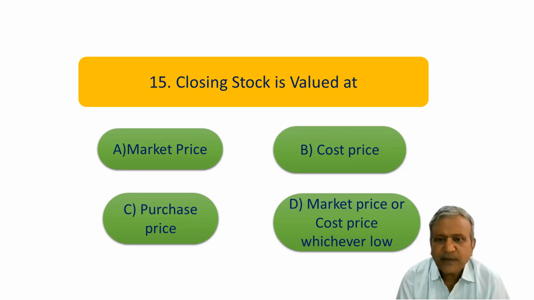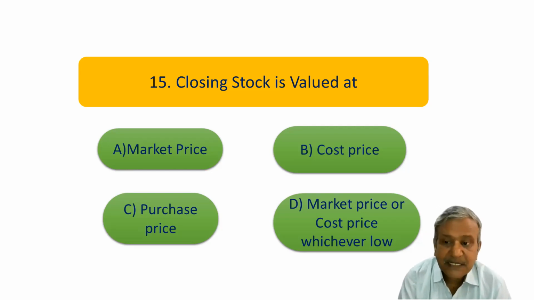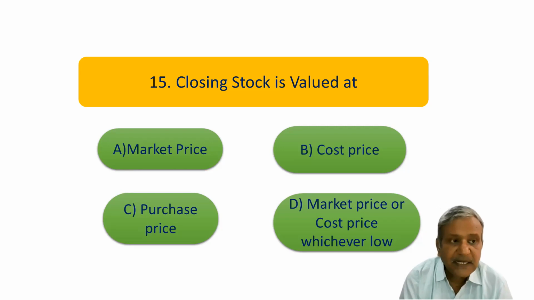So if I show in my P&L account the closing stock value as 10,000, it is a fake profit because it is affecting the profit. Tomorrow you are not selling it, you get zero paise.